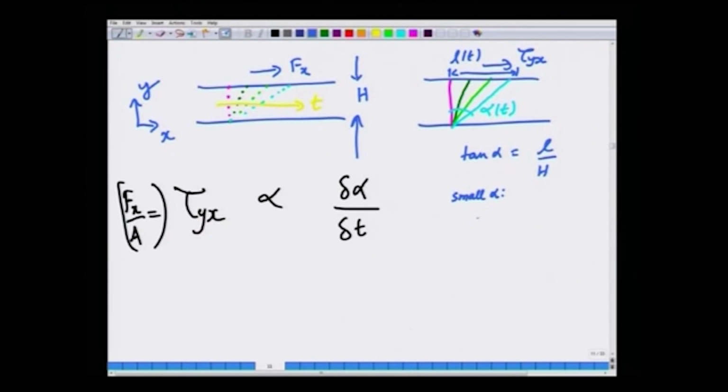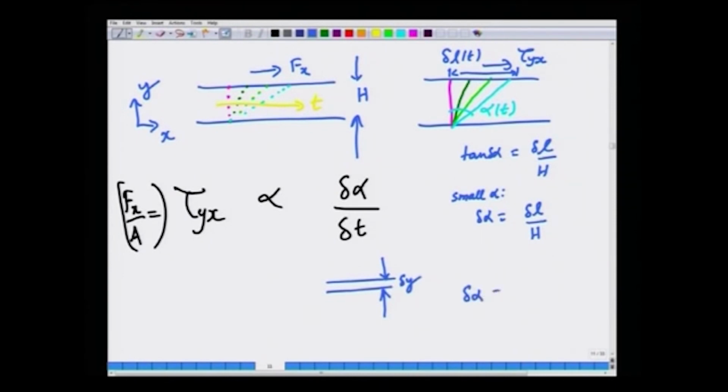So, for small alpha, tan delta alpha is simply delta alpha, which is delta L divided by h. Instead of writing it for a bigger thickness h, you can write it for a smaller thickness delta y.